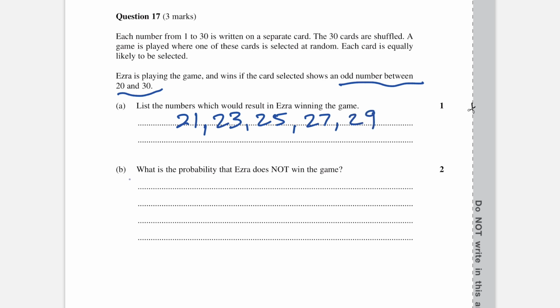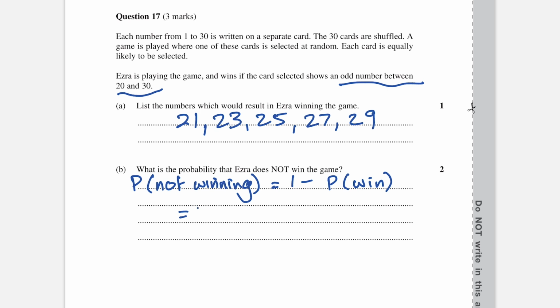What is the probability that Ezra does not win the game? Okay, so the probability of not winning is equal to 1 take away the probability of winning.